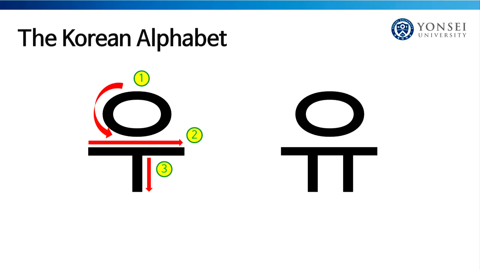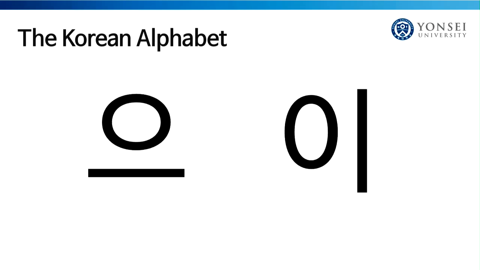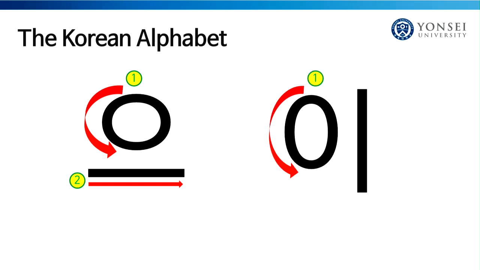U. Another U, a circle first, a long stroke left to right, 2 strokes from top to bottom. U. Another U, a circle first, a long stroke left to right. U. E, a circle first, a long stroke top to bottom. E.